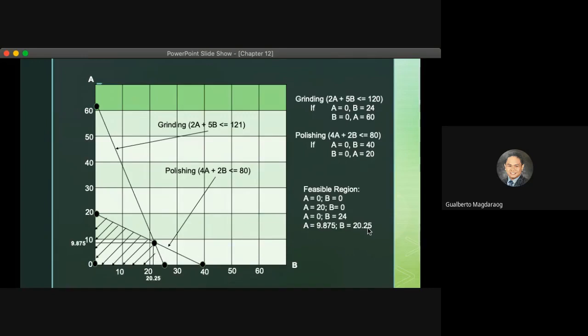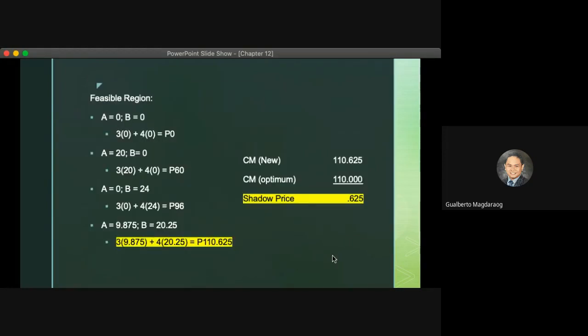Okay, you can compute it using the algebraic method. After doing that, we will compute now the former CM or the optimum CM with the new CM.